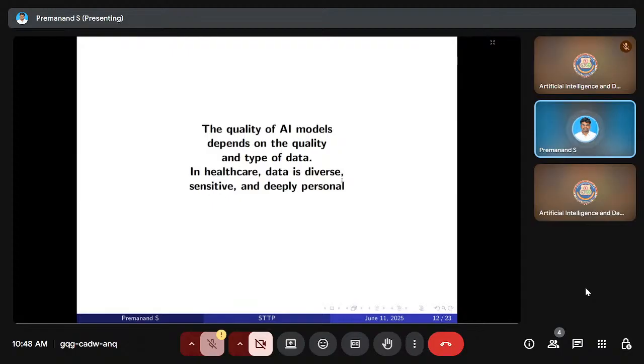Healthcare data is diverse, sensitive, and deeply personal, so I need to get a large number of data. Only then can I say the model I'm building is the best one. Because of this, some people say that whatever Indian people are doing is a kind of waste.